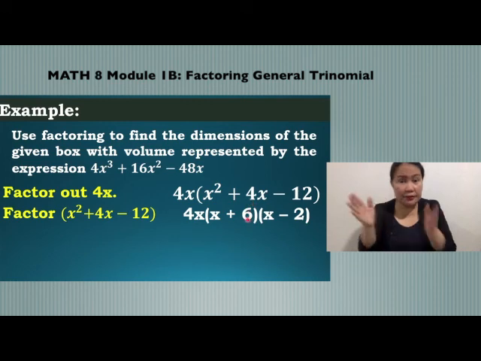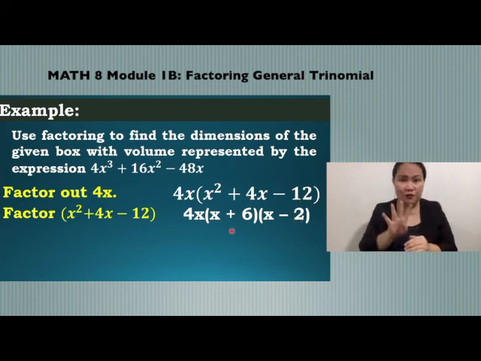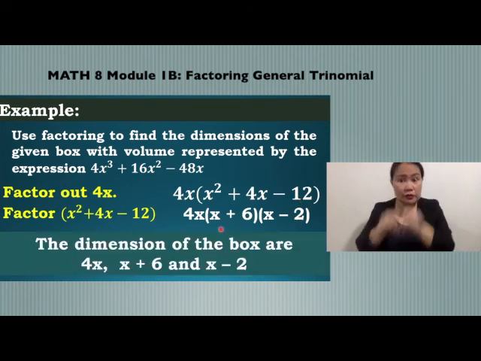Okay? So, 6 and negative 2 is equal to 4. 6 times negative 2, that is negative 12. Alright? So, therefore, the dimensions of the box are 4x, x plus 6, and x minus 2.